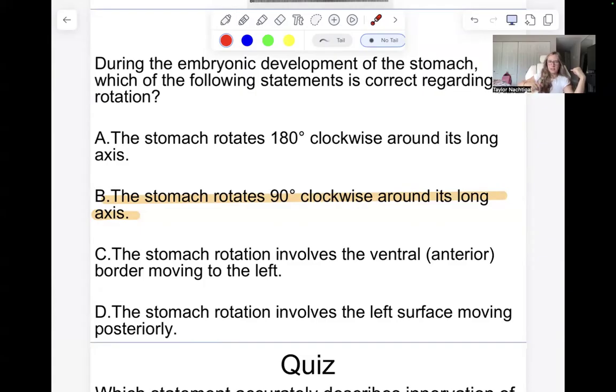So this is saying that the ventral border, the anterior border, the lesser curvature is moving to the left. But if you think about your stomach and your body, it's curving in this direction. We can see my abdomen. So if the curvature is facing frontwards, the lesser curvature, the greater curvature, it's going to rotate to the right.